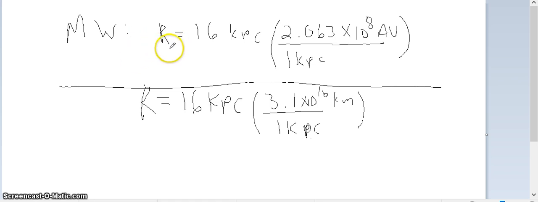So we're given that this one particular star is 16 kiloparsecs from the center of the galaxy, and we have to do two conversions. One conversion is to convert it from 16 kiloparsecs to astronomical units, right? Of course, one kiloparsec is 2.06 times 10 to the 8th astronomical units, and so the kiloparsecs cancel, and that'll give you some number of AUs.